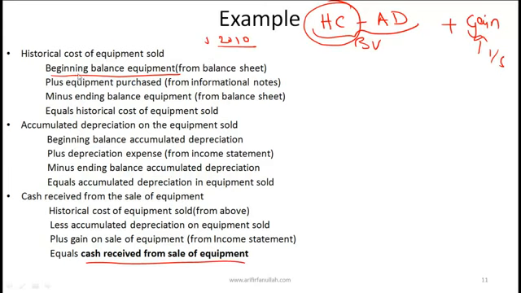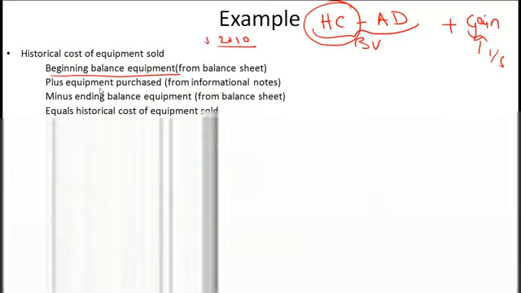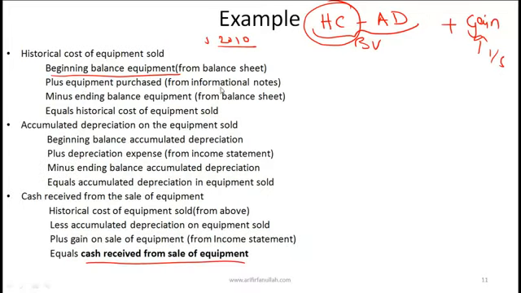At the start of the year, we look at how much equipment we have, plus equipment purchased during the year, which will typically be in the footnotes. Let's say that your beginning balance is 10, and then during the year you have purchased equipment worth 2, and then the ending balance of equipment is 5.